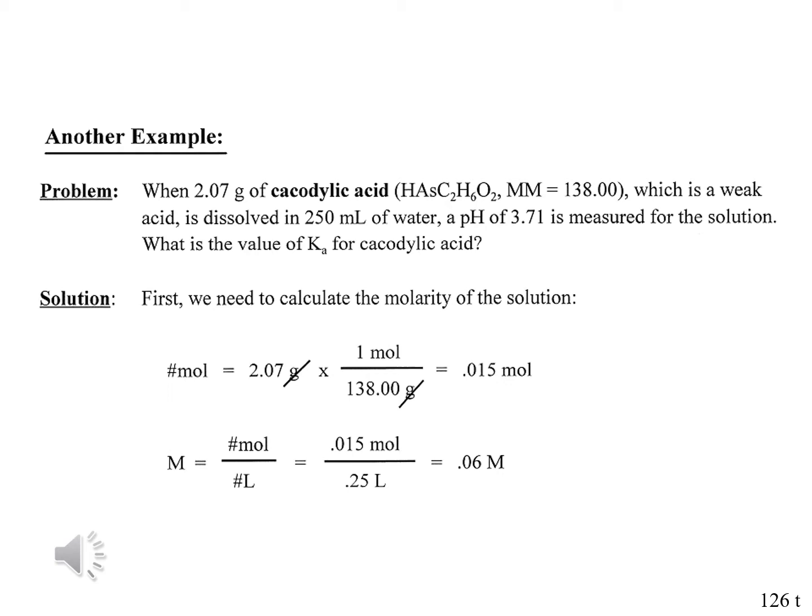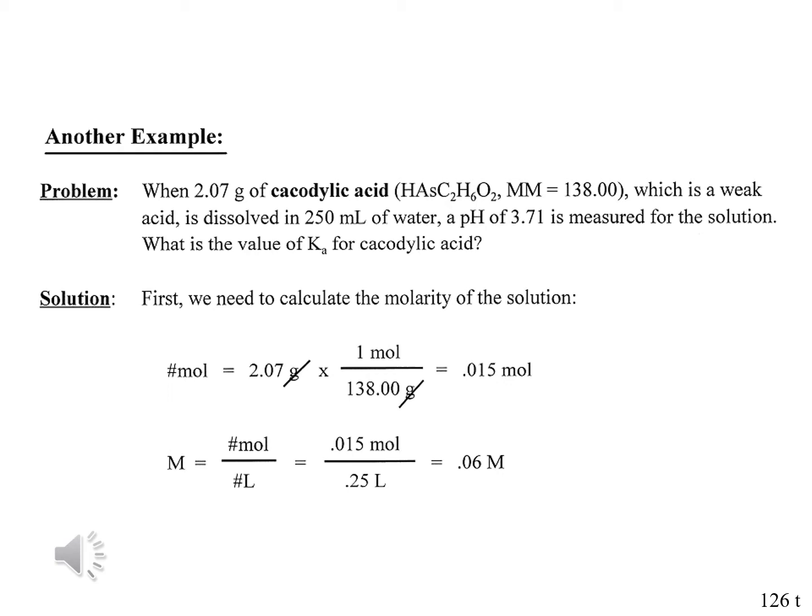But the thing is, what the problem says is that if you dissolve 2.07 grams of it in 250 ml of water, this acid will give you a pH of 3.71. And from that you can get the Ka. The question is, what does that pH that's lower than the previous problem mean about this acid?